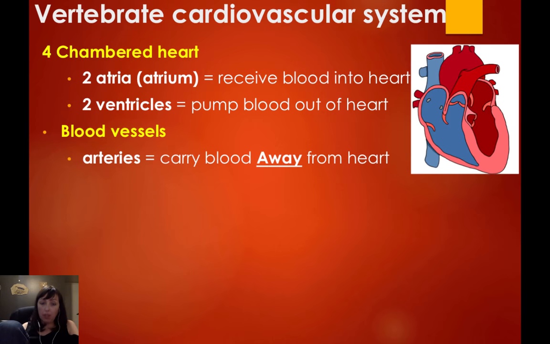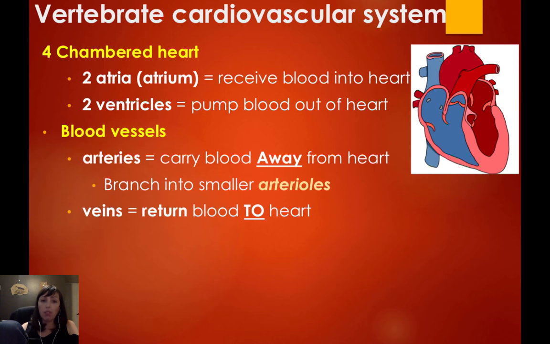There are blood vessels. Okay, arteries carry blood away from the heart, and they branch into smaller arterioles. And veins return blood to the heart and branch into smaller venules.